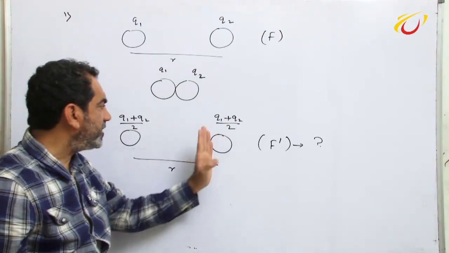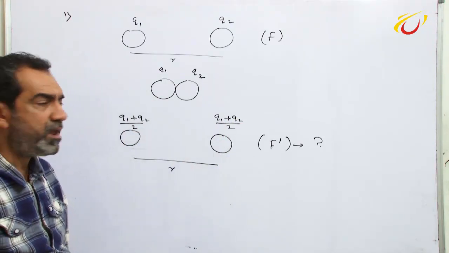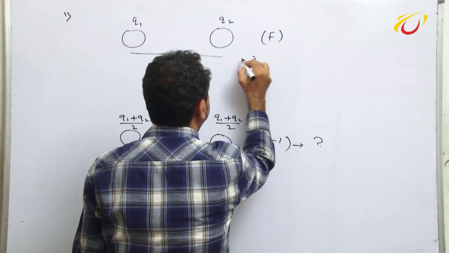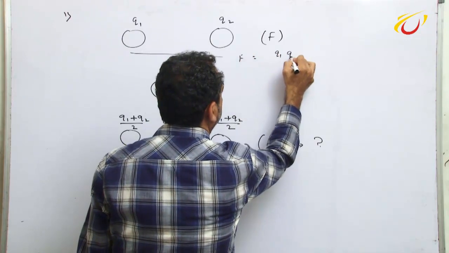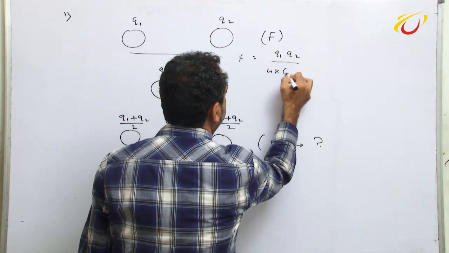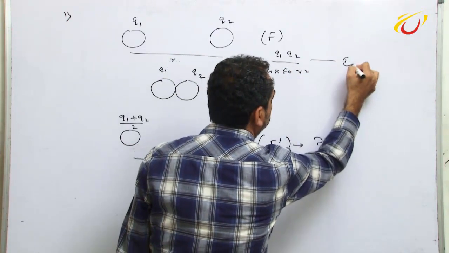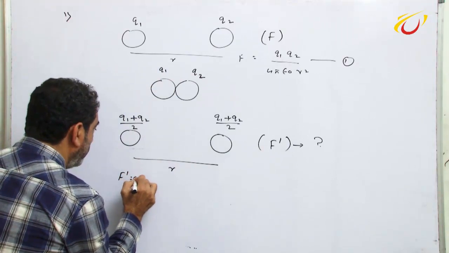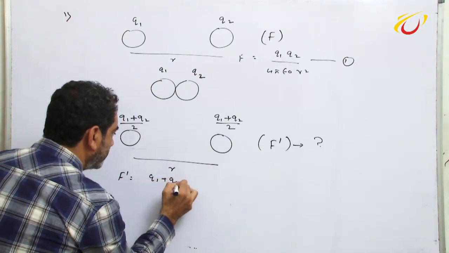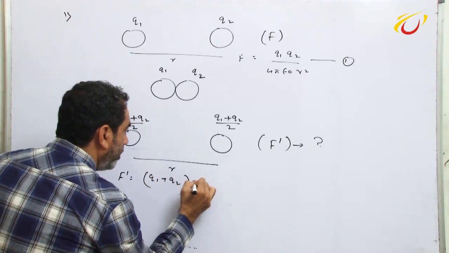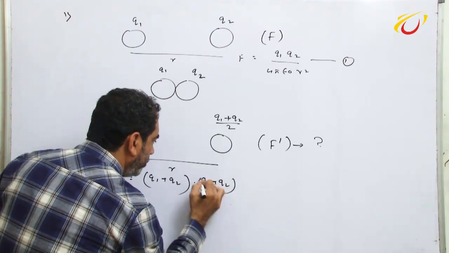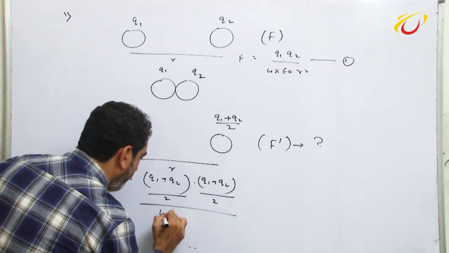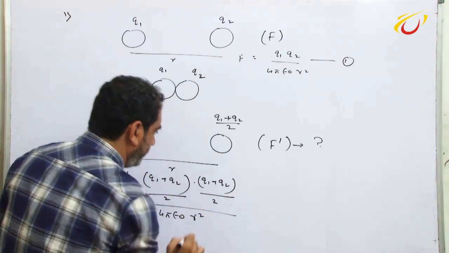Both will become (Q1 plus Q2) by 2. Now, here the force was Q1 Q2 over 4 pi epsilon r square, say equation 1. Here the force will be (Q1 plus Q2) by 2 into (Q1 plus Q2) by 2, divided by 4 pi epsilon r square.